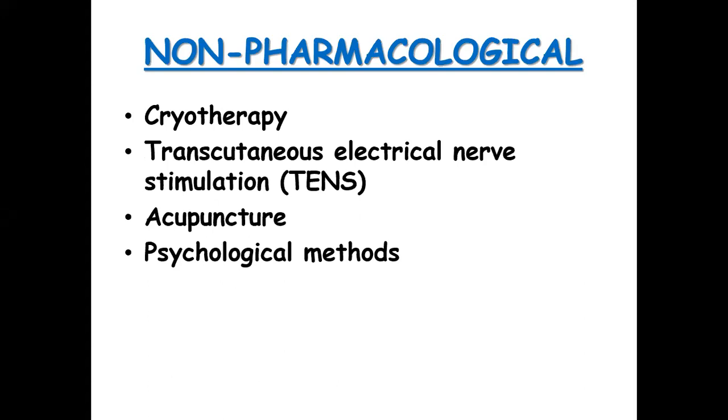Another is the TENS. TENS is the machine in which a very small current is passed around that nerve, so that it can actually block the transmission of the pain. So TENS is very important.